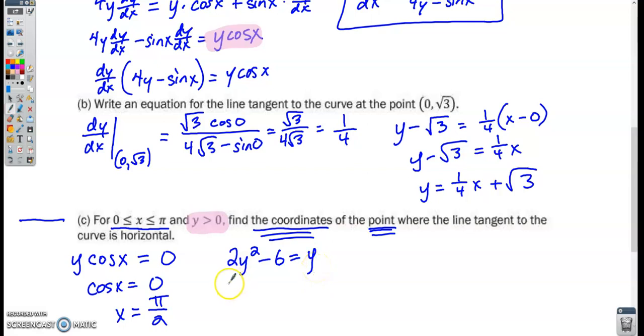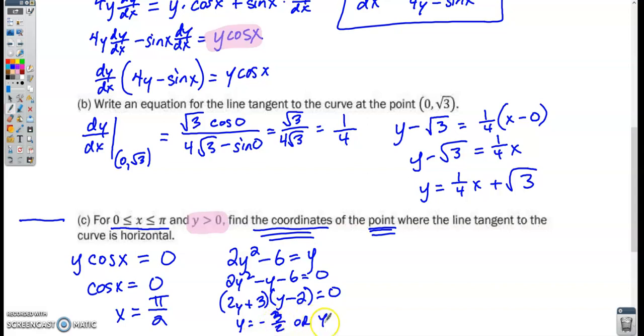And so 2y squared minus y minus 6 is equal to 0. That's 2y and y. And if we factor that, let's see, that's plus 3 minus 2. That works. And so y equals negative 3 halves, or y equals 2.